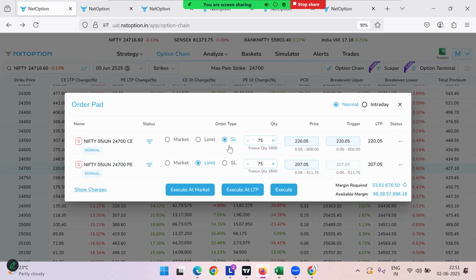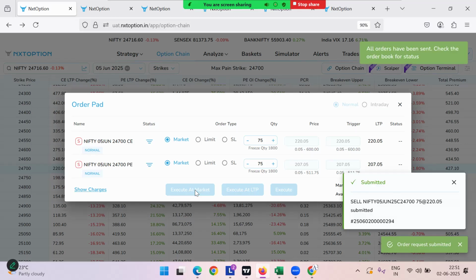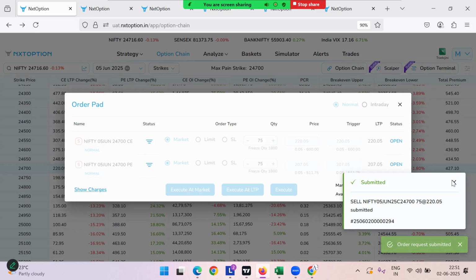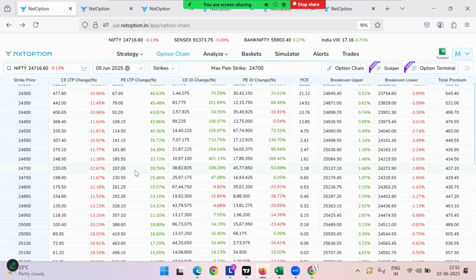Initially, I'm going to execute a market order here of 220 and 207, 24,700 call and put. I will execute it, so execute at market. Now, after I execute this trade, I come back to the screen here, click on long.